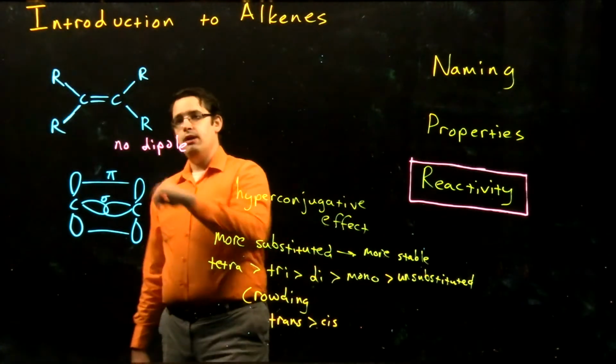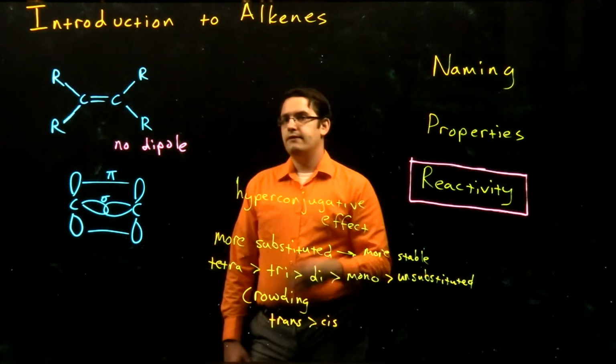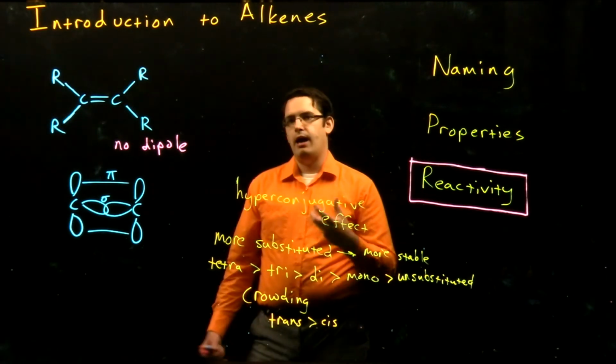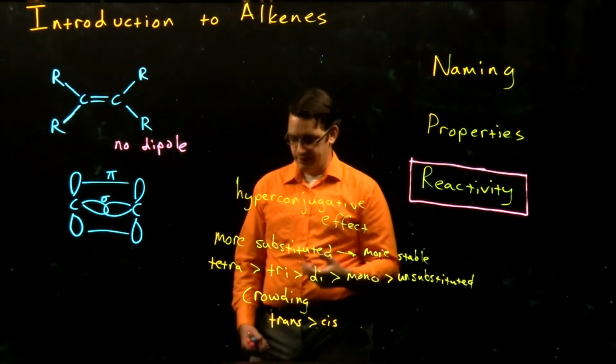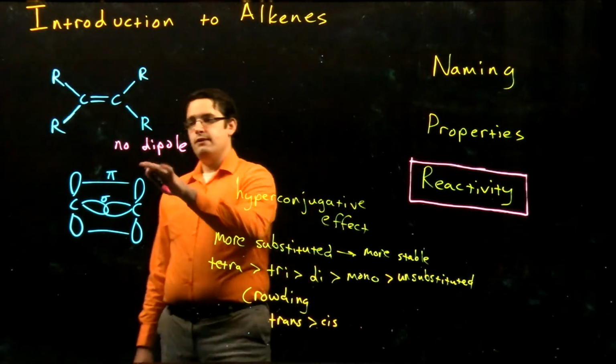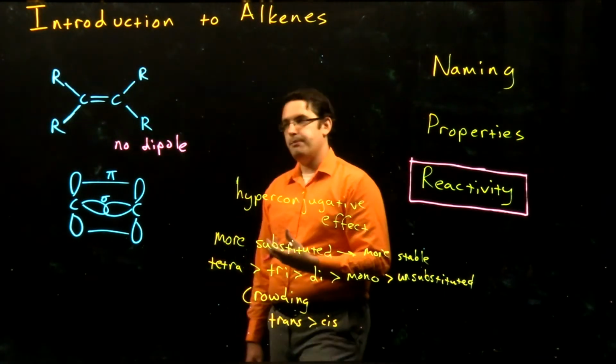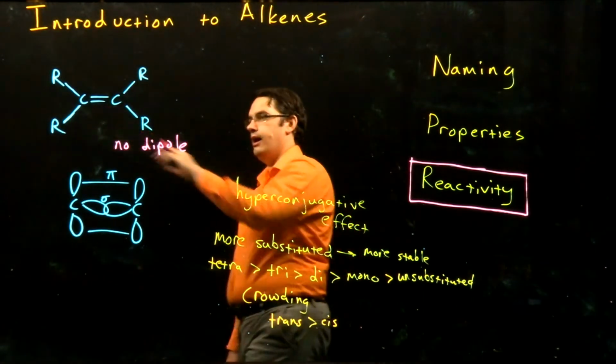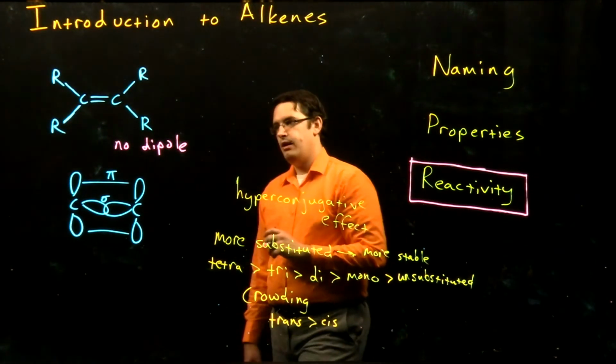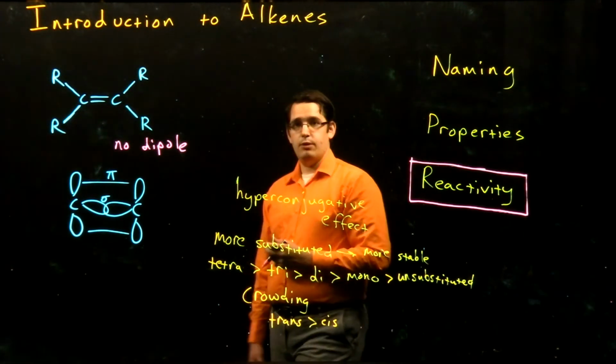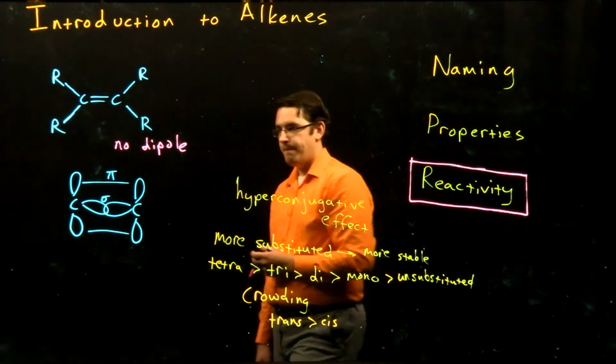So with our alkene, we need to ask ourselves, is there any location where we have a higher electron density or a lower electron density? Now, as we saw earlier, we have no dipole in our carbon-carbon bond here, right? So that might suggest that we're relatively unreactive.